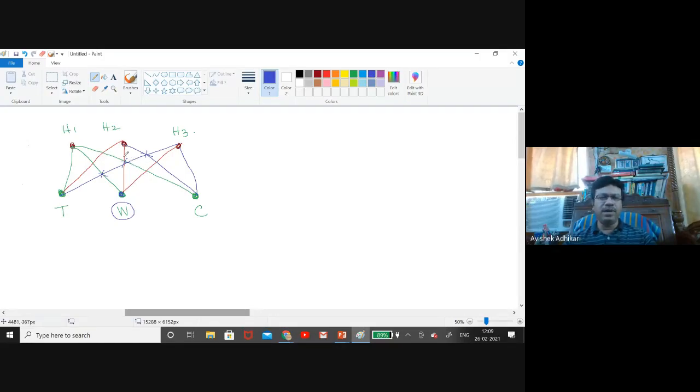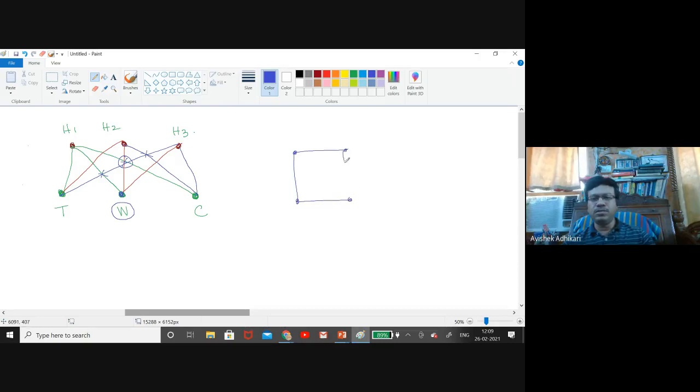If there is a crossing here, it may happen that while you are doing maintenance work on the water pipe, the telephone line or even the cable line may get damaged. So it's a better idea to install all these lines in such a way that they do not intersect each other.